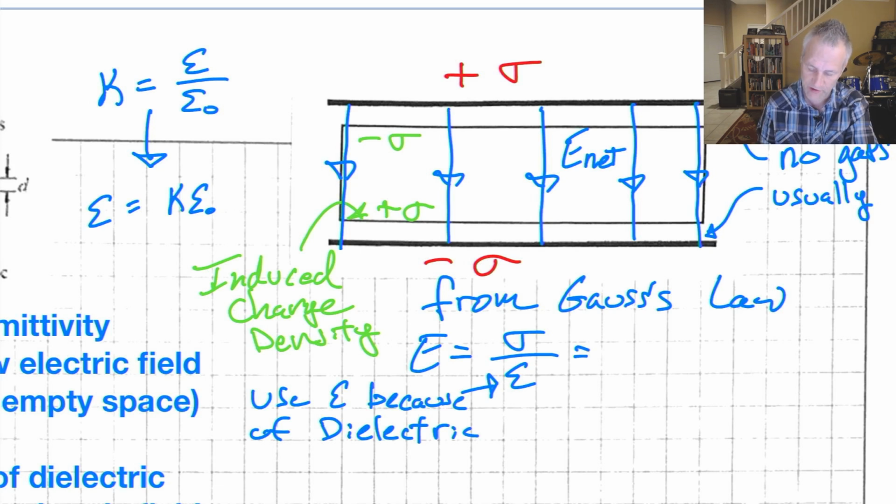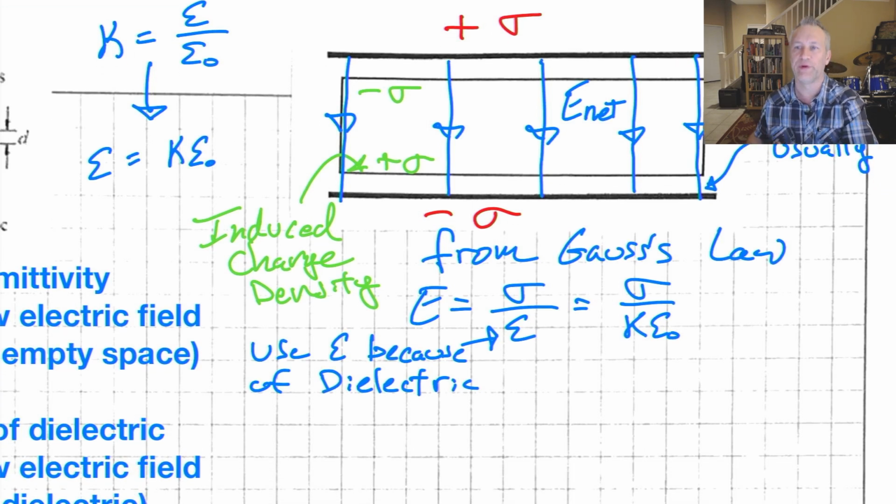Well, if we substitute in here that epsilon is k epsilon naught, we'll end up with sigma over k epsilon naught for our electric field between the plates in magnitude.